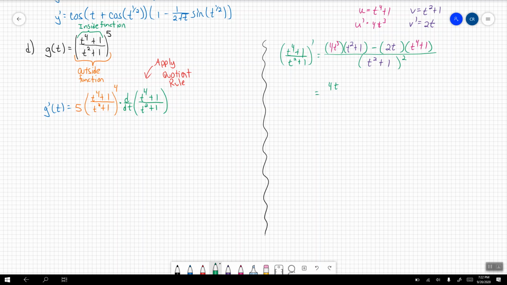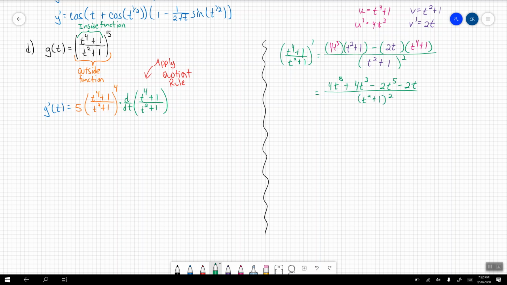Sure, let's try to distribute here. So 4t to the fifth plus 4t cubed minus 2t to the fifth minus 2t, all divided by t squared plus 1 squared.